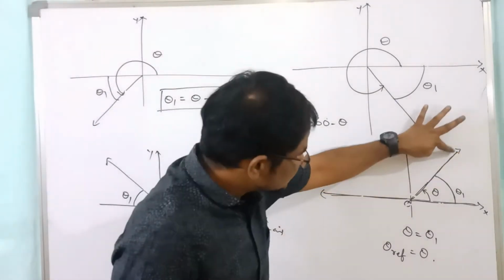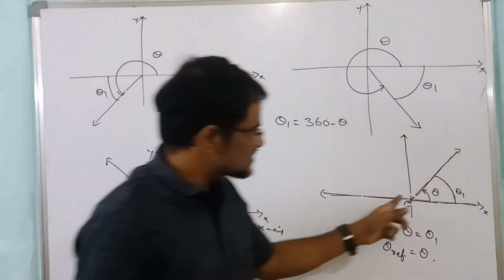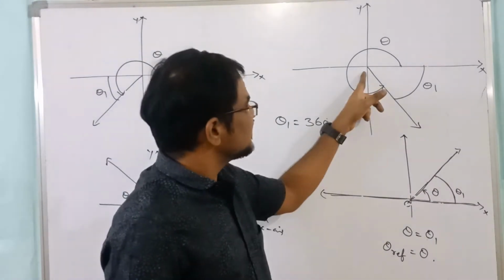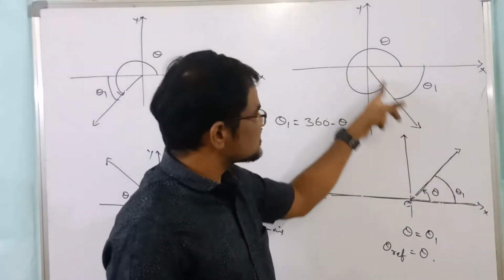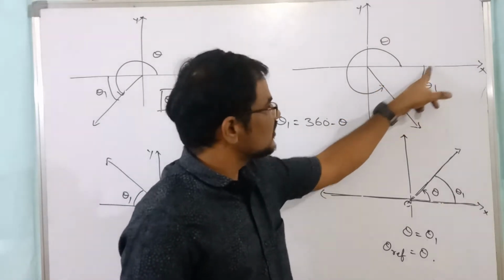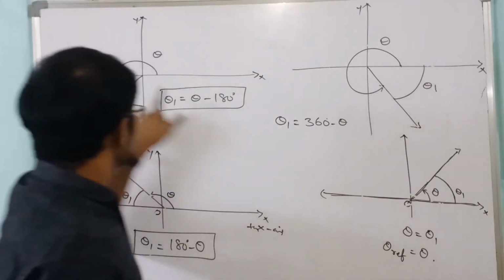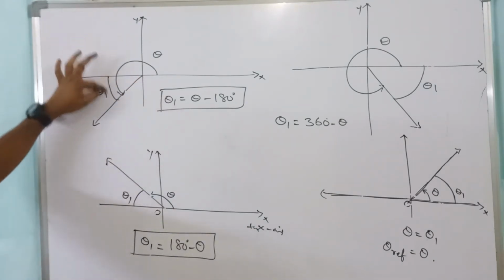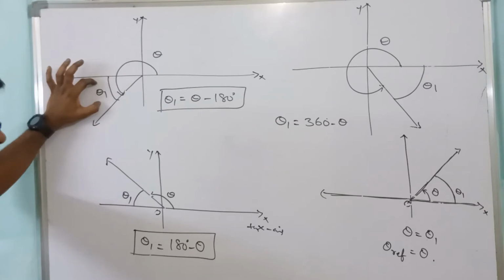So here, this is the terminal side and this is the x-axis. This is theta, and the reference angle is also the same. But here, this is the terminal side and this is theta, and this is the x-axis, so here you will get the reference angle theta 1. Here this is the terminal side of theta and this is the x-axis, and here you will get an acute angle, so that's why we take it here.